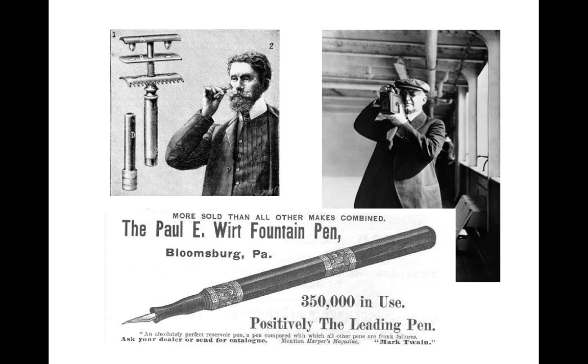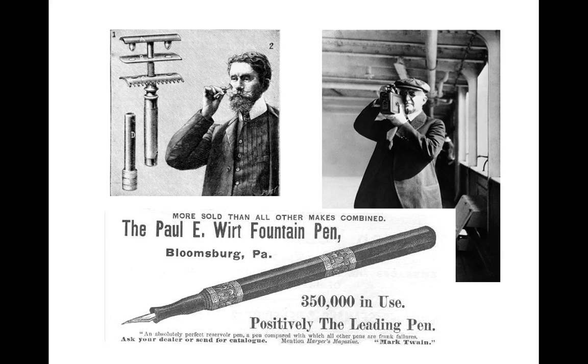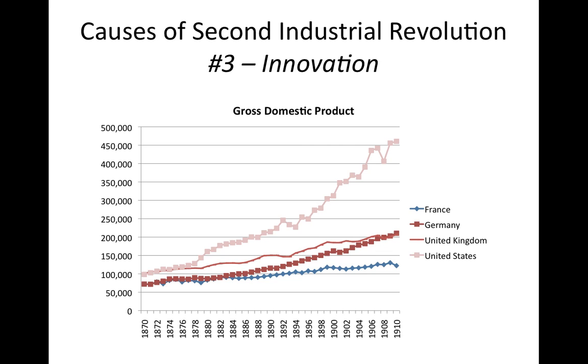The fountain pen, a handheld camera invented by this dude named Kodak. A razor that didn't cut your face up when you used it, and you could use it on yourself. These kinds of things became very, very popular consumer items, and were part of this second industrial revolution.